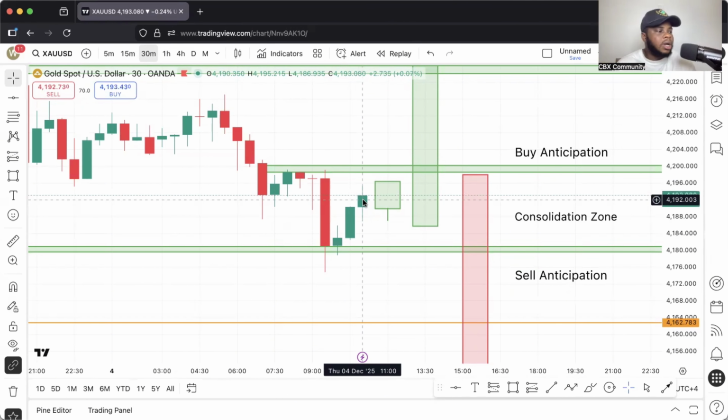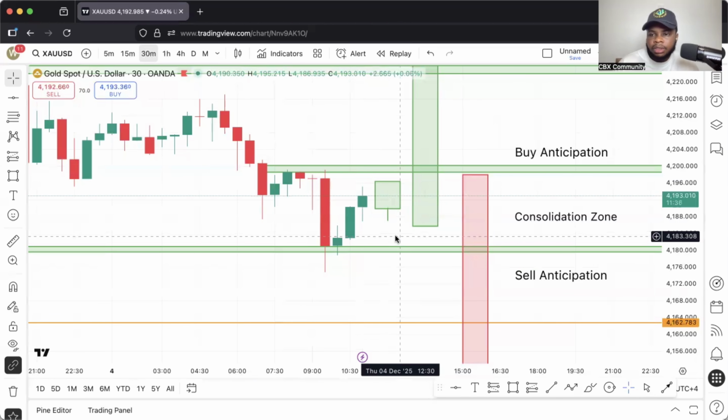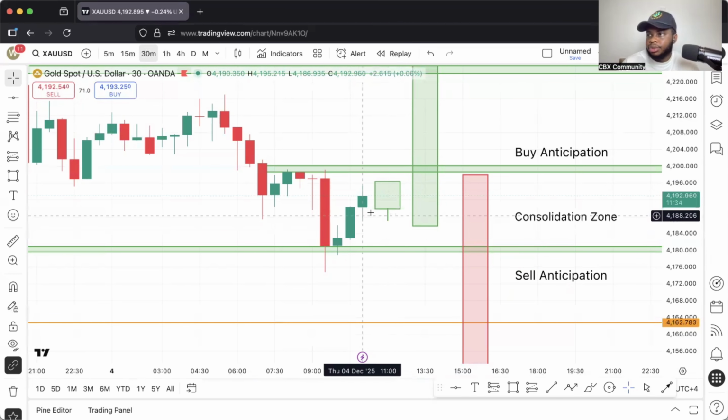We don't need to do anything. Let's see what the candle wants to do, because it's always good for you to know where you put your stop loss. It's always good for you to know how much you want to risk in any trade.